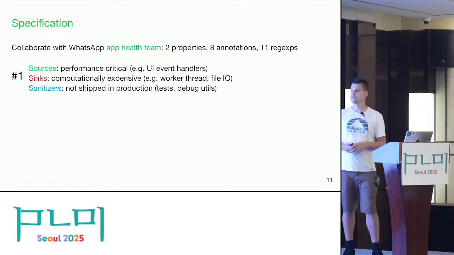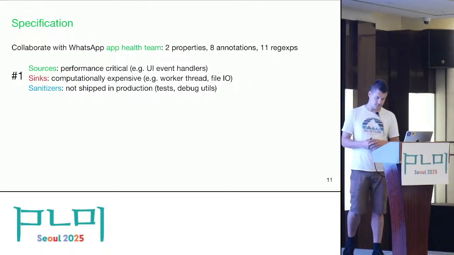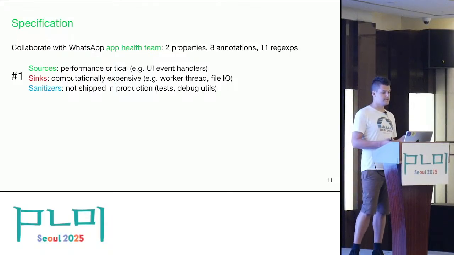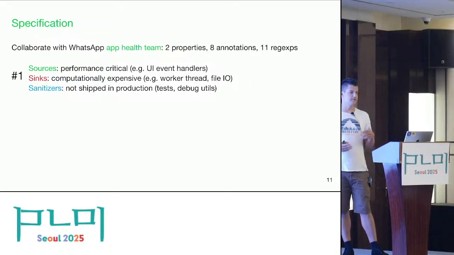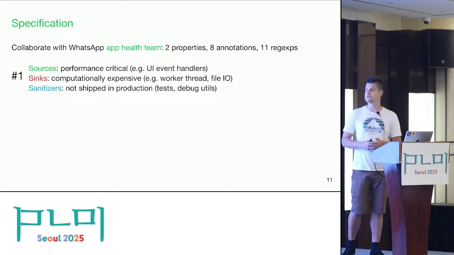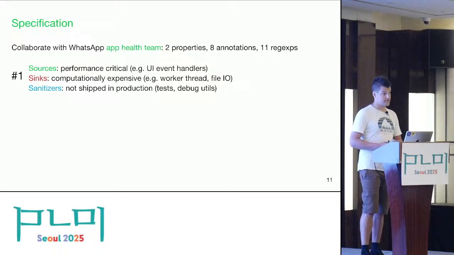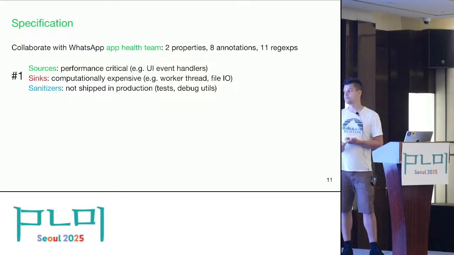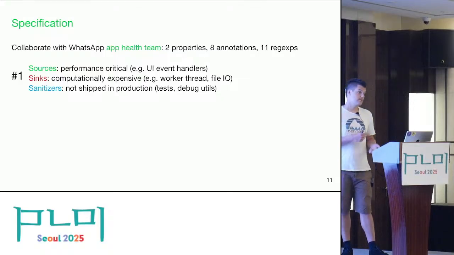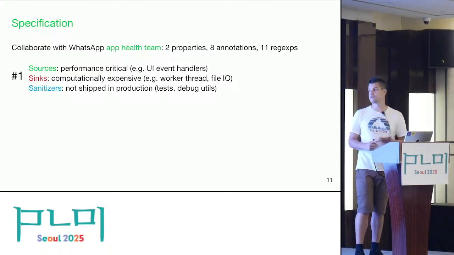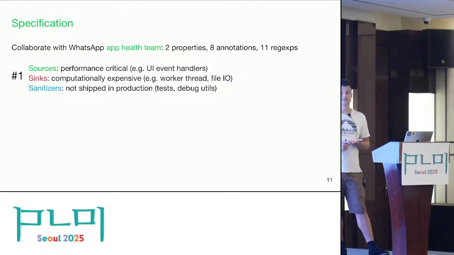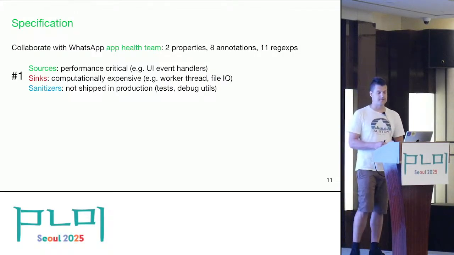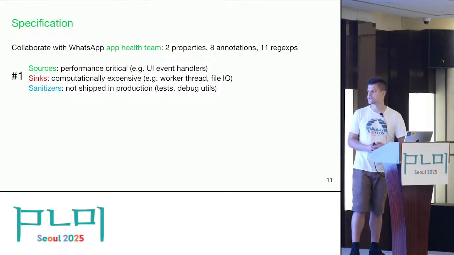In the first property, the sources are performance critical functions, typically things that happen on the UI, so UI event handlers, and sinks are computationally expensive functions, worker threads or file I/O operations. And we also had some sanitizers. These are typically features that are not shipped in production builds. So for example, tests or debug utils or these Java precondition checks.